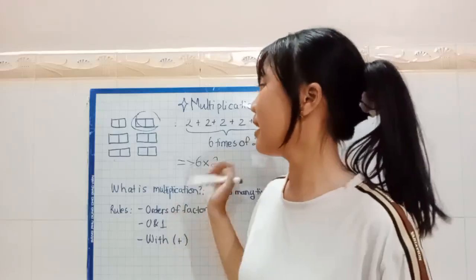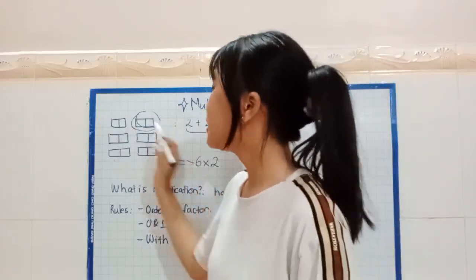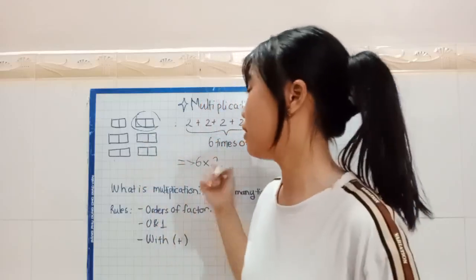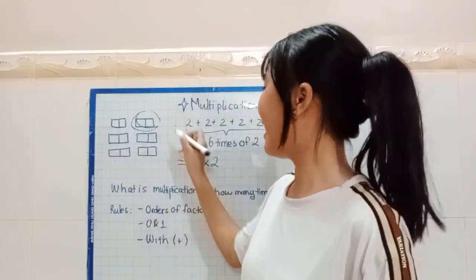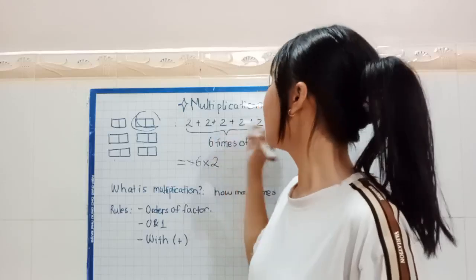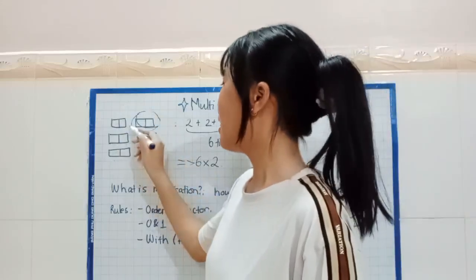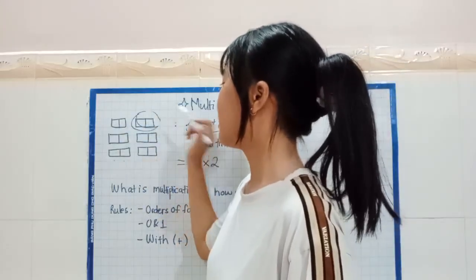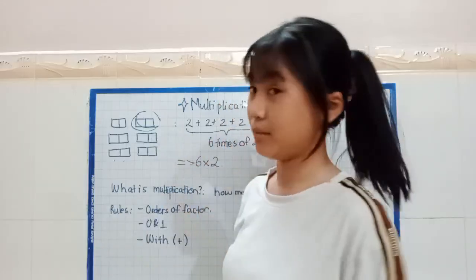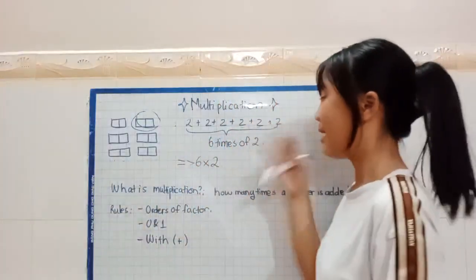So if we are told to add each of them up to know the total, we will add it as 2 plus 2 plus 2 plus 2 plus 2 plus 2, which is the 6th one. And that is basically about addition.